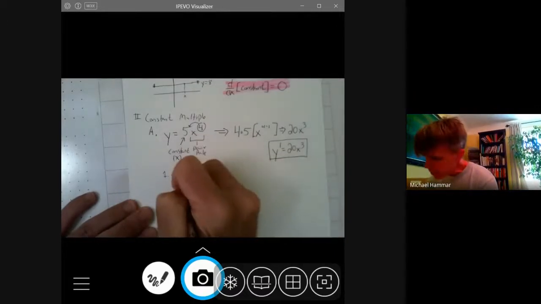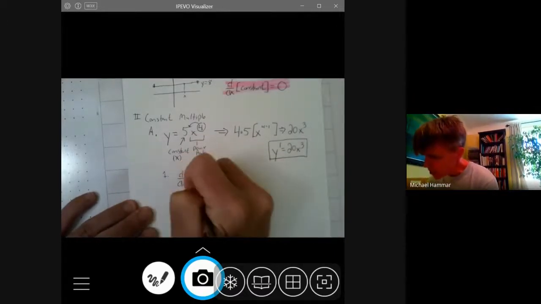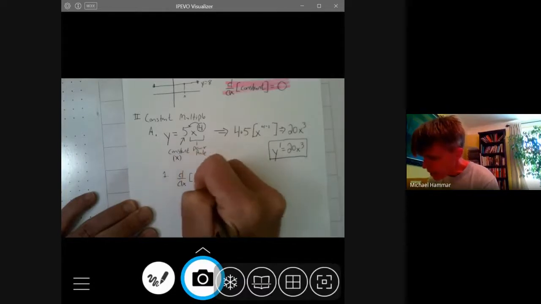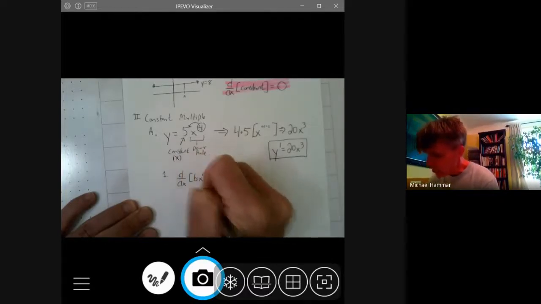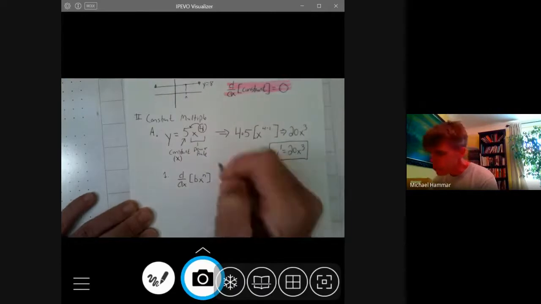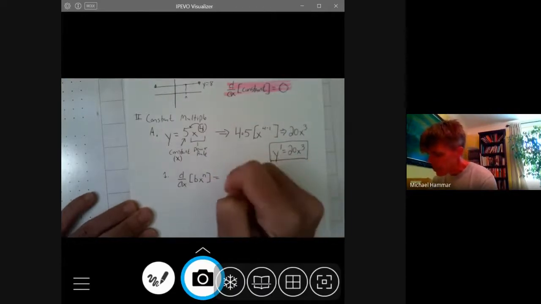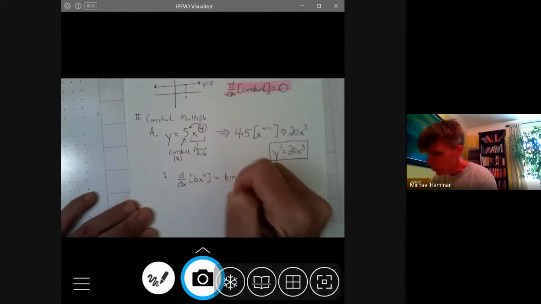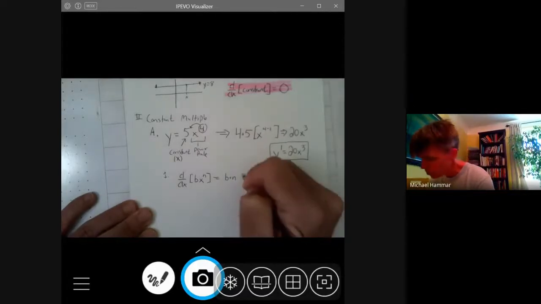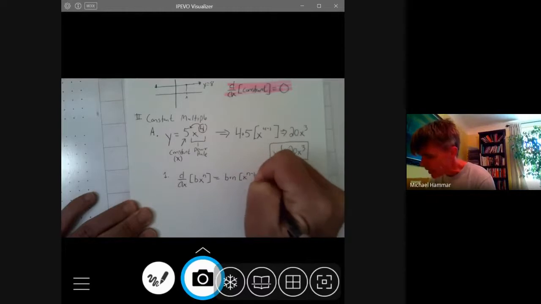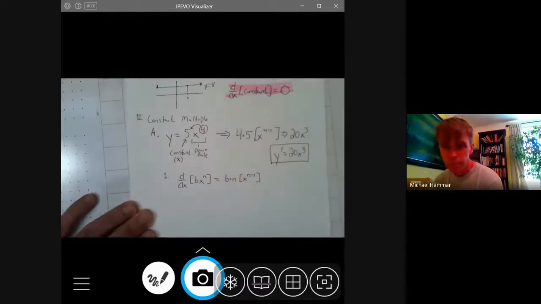So let's say I give you d over dx of bx to the n. What are you going to do with that? Well, what it says is you take the b and multiply it times the exponent, and then we have the same part of the power rule, x to the n minus 1.